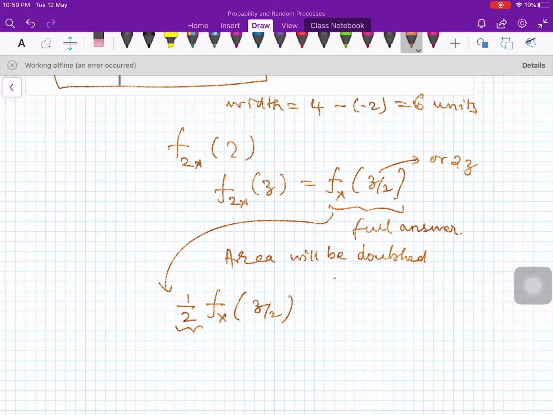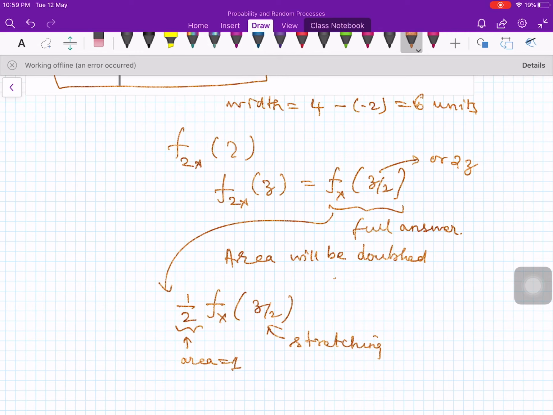This scaling comes in order to make the area equal to 1, and the other part does the stretching. It is simply a continuation of your signals and systems: you take a function and replace the argument by z by 2, and it stretches the function.